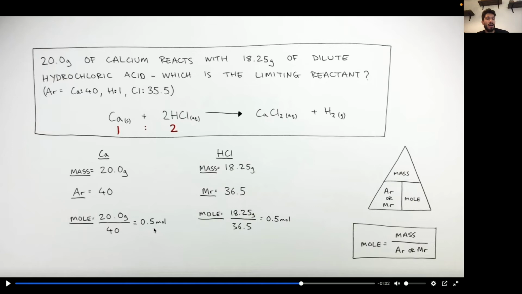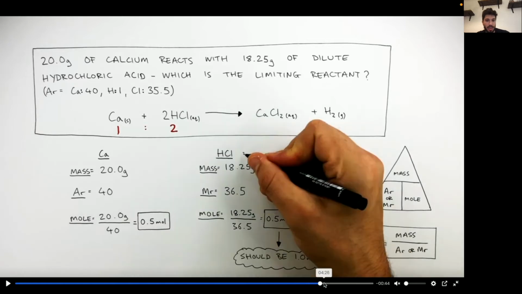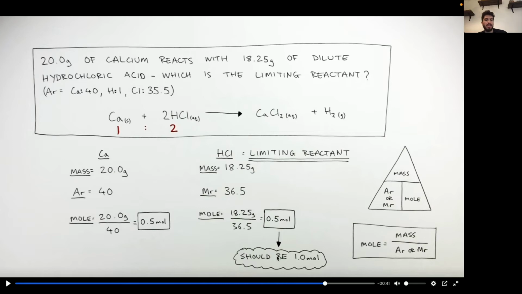This is how you figure it out. Because there is more calcium than the 0.25 moles there should be, the calcium is actually in excess. There should be 1 mole of HCl. So HCl is the limiting reactant, whereas calcium is the excess reactant.